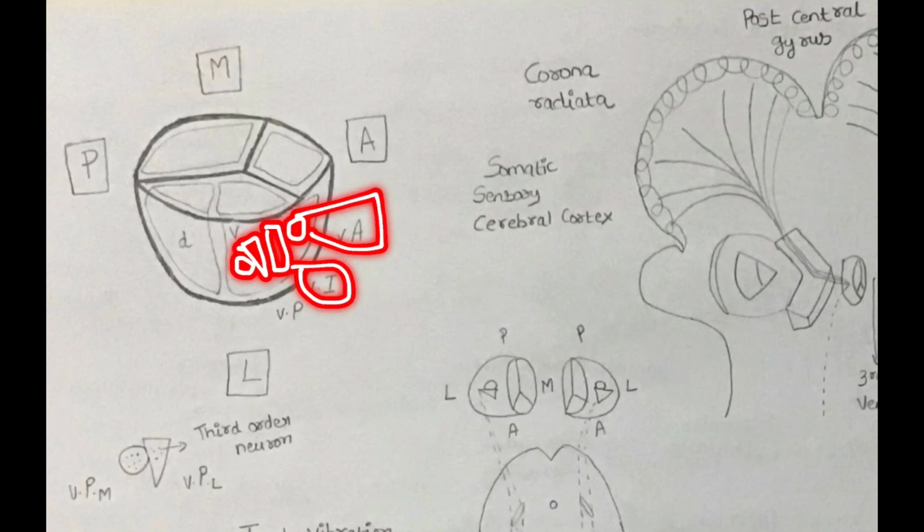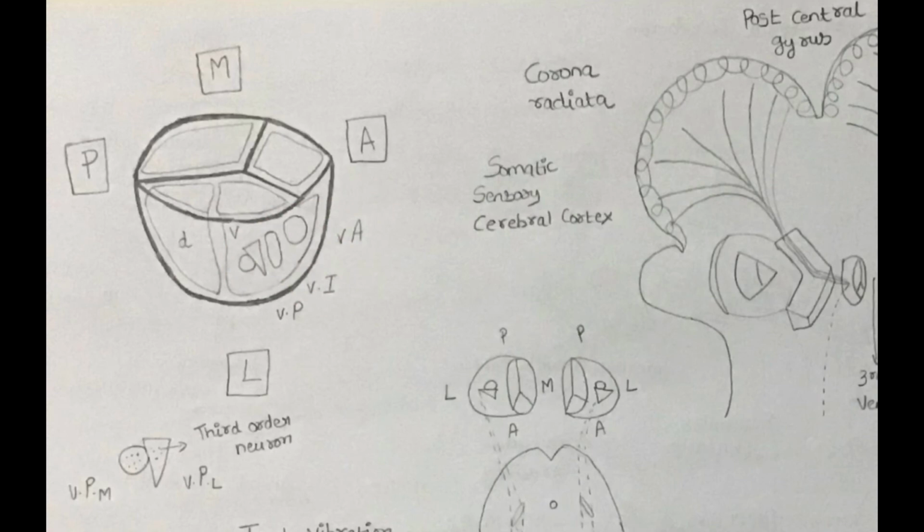The fourth nucleus is attached with the third nucleus, so it is in the ventro-posterior and medial to the third nucleus. So I will summarize.